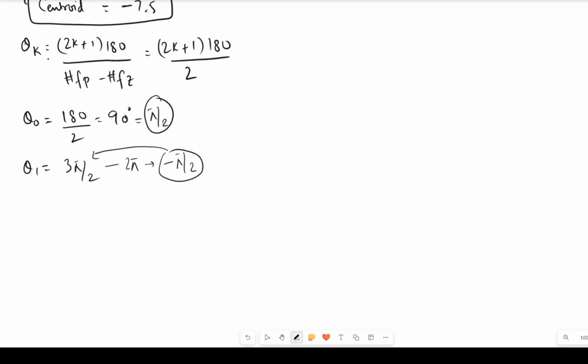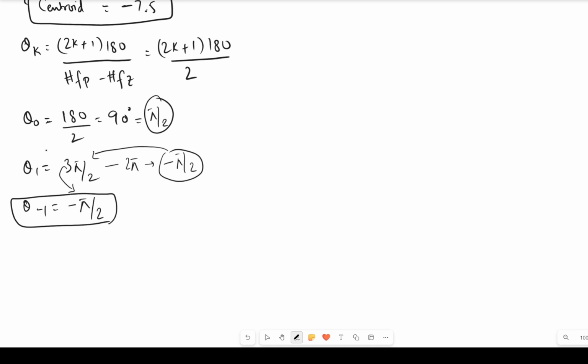This is the reason that if you put k equals minus 1 in this equation, you'll get minus pi by 2 directly, right? So you only need to put two values, because the more values you put, you'll get the same values, but with a multiple of 2 pi.